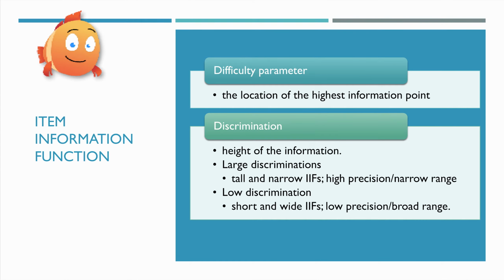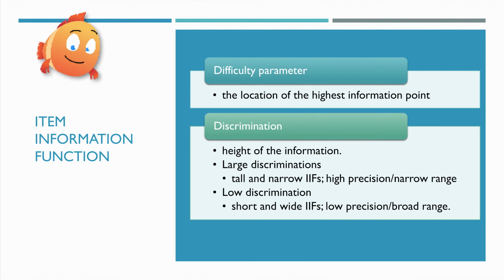Our item information function has a couple of pieces. It includes the difficulty parameter, and that's the location of the highest information point. I have a figure coming up to illustrate this. Now, discrimination is the height of the information. So large discriminations mean that you have tall and narrow IFFs.